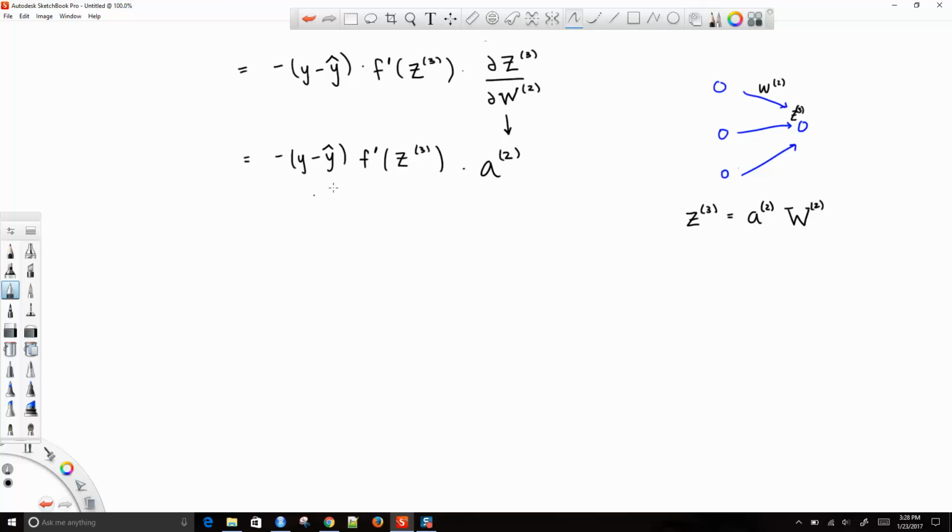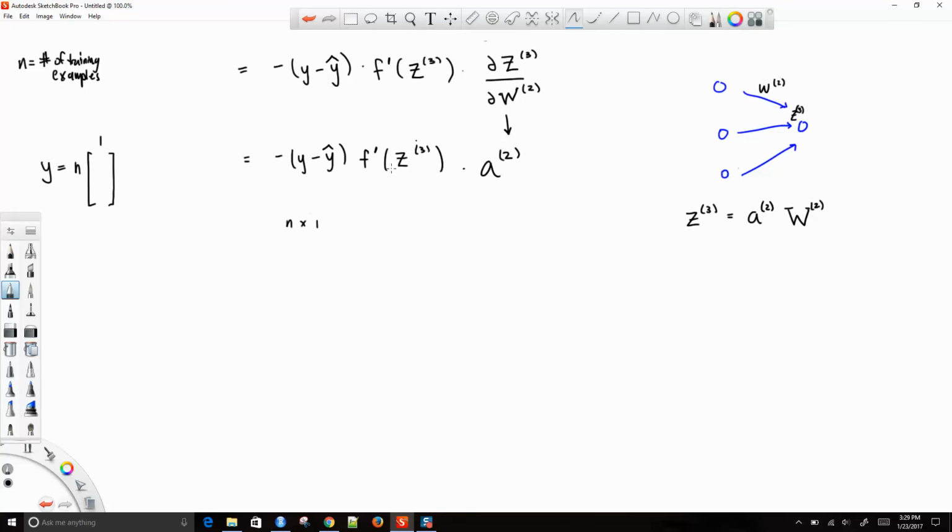What are the dimensions of y minus y hat? What's the dimension of y? It's n by 1, right? And in our example, we have 3 training examples, so n equals the number of training examples. So here, this one is n by 1.